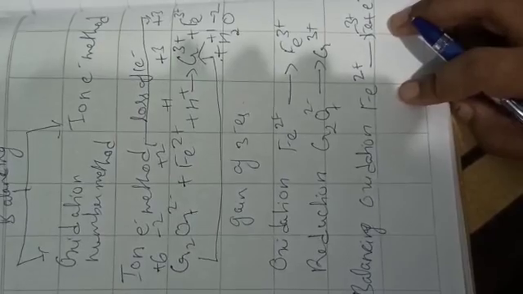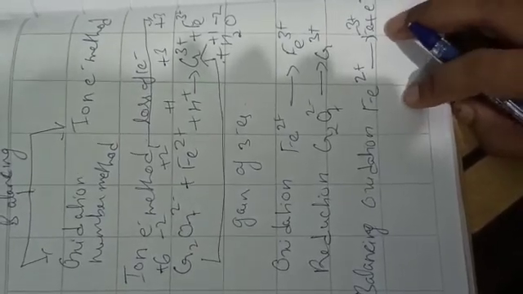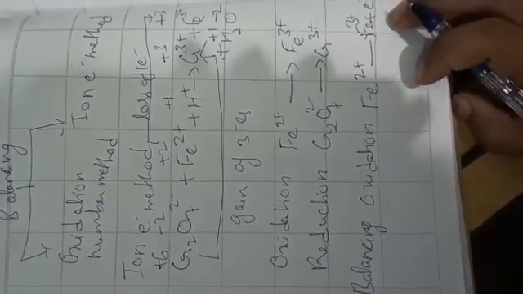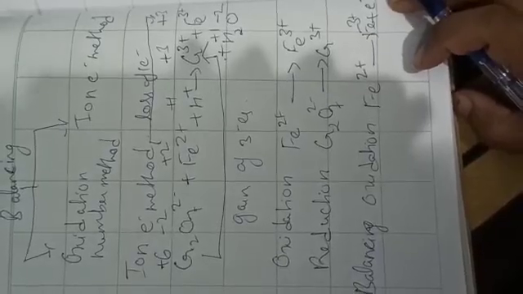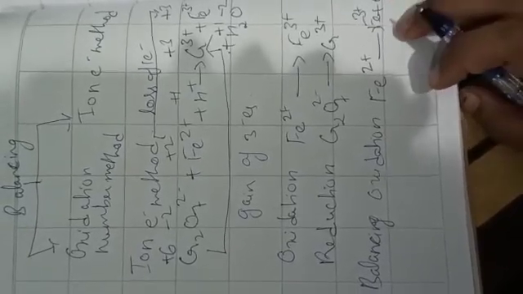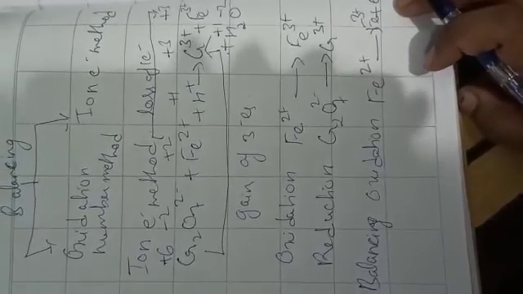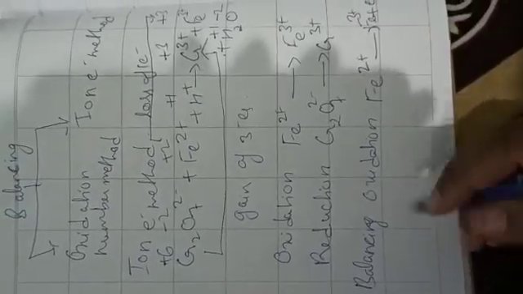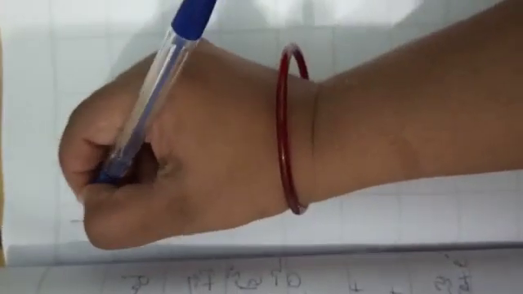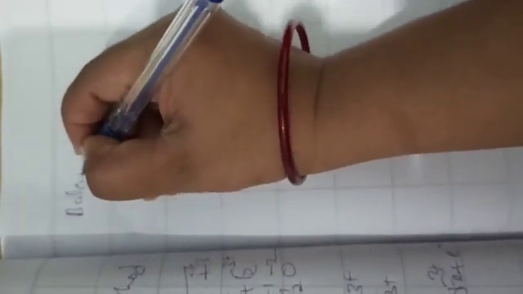To balance it, we will add one electron to the right hand side. Okay, so we will get this reaction.